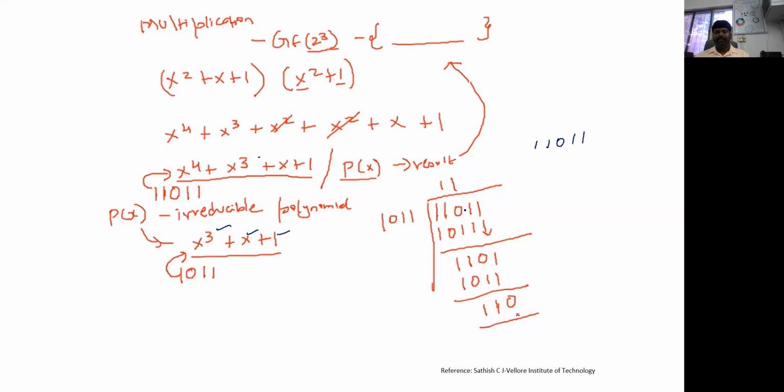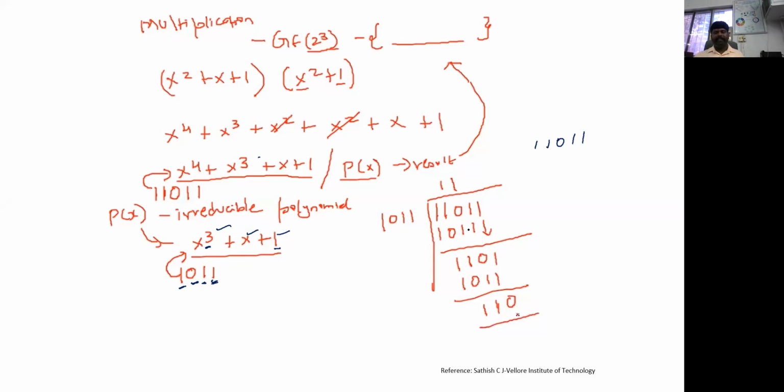So 1, 1, 0, 1, 1, and this has to be divided by this irreducible polynomial, which is p of x, x power 3 plus x plus 1. Here we have x power 3, which is 1, and there is no x square, so I am replacing it with 0. For the x value, which is present, I represent it as 1, and the constant 1 is present, so I represent it as 1. So 1, 0, 1, 1.